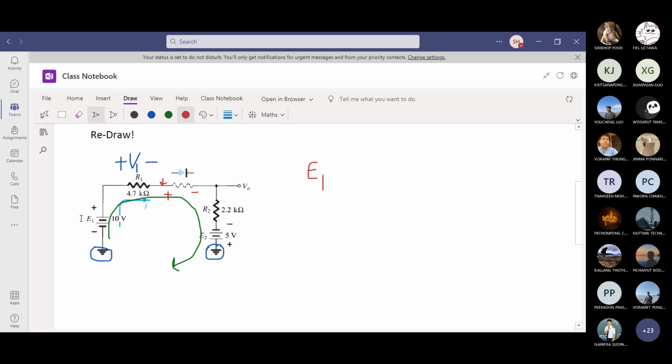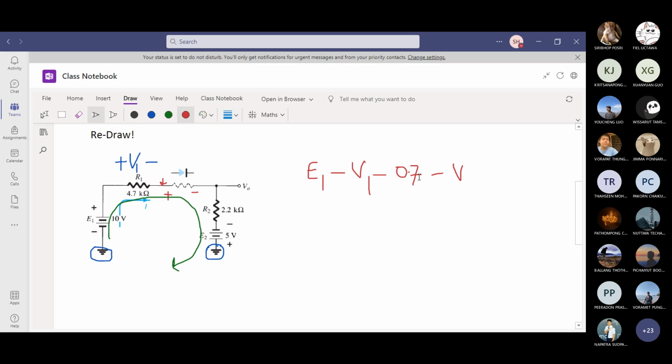I start with the outer side, so I start with plus E1, then E1 minus V1 minus 0.7 because the diode is on, right? Then plus minus V2 plus E2 equals 0. So E1 minus V1 minus 0.7, which is silicon, minus V2.